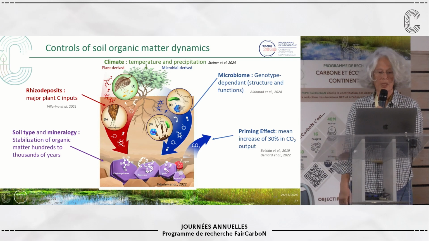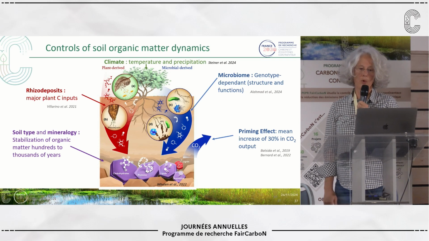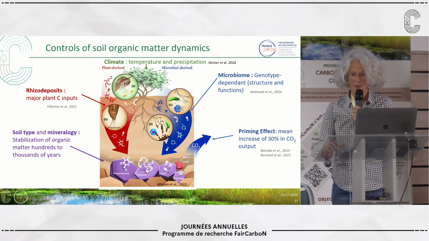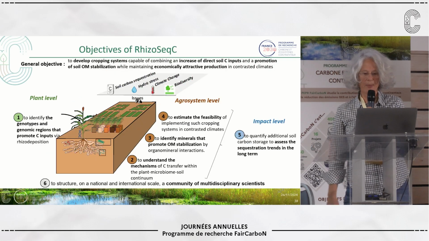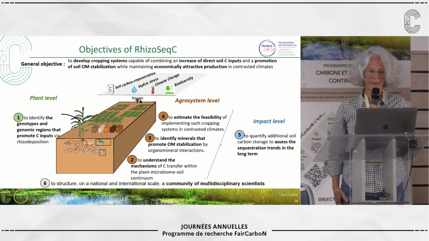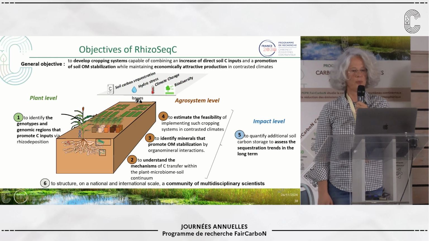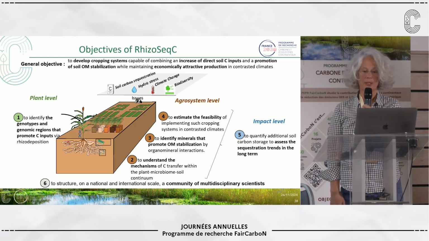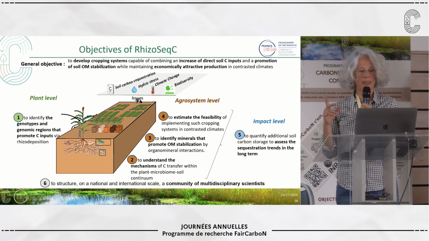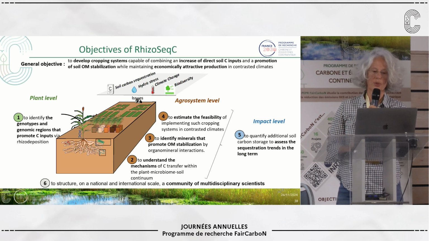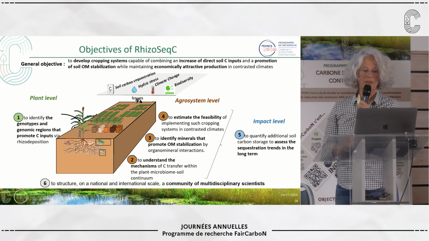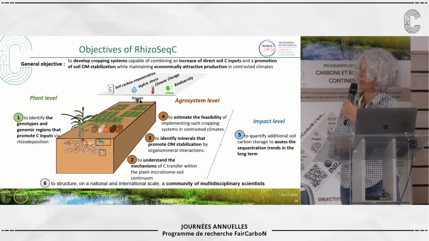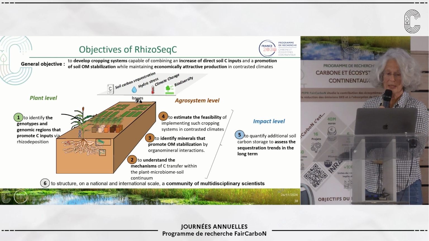So the overall objective of the project is to develop cropping systems capable of increasing direct soil carbon inputs and promoting soil organic matter stabilization while maintaining economically attractive production in diverse climates. The project is thus divided into 6 interdependent sub-objectives.